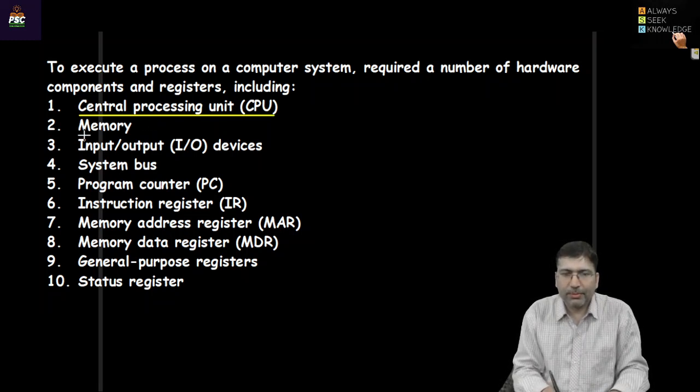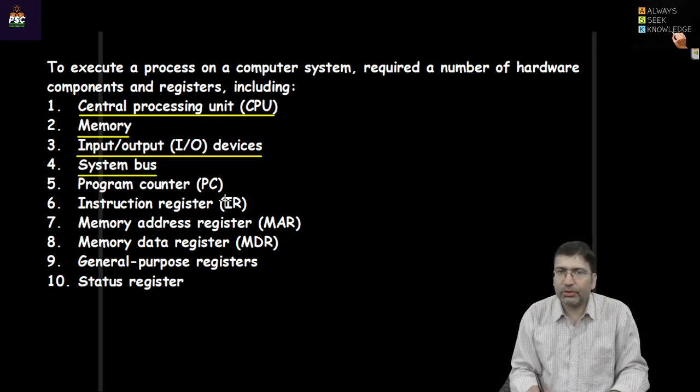A process also requires memory to load the instructions as well as data. It also requires some input output devices like keyboard or disk or other devices. A process also accesses system buses like address bus or data bus.